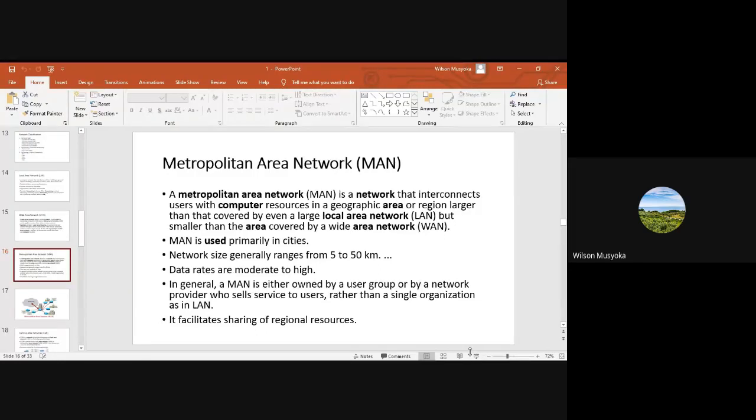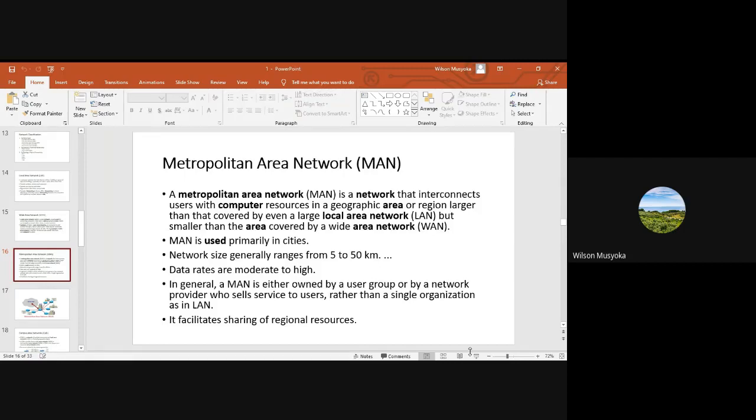So a metropolitan area network is the network we find between the wide area network and the local area network. Normally, it is within a city, or it ranges between 5 kilometers to 50 kilometers. Here you will find several local area networks or private networks put together so that they can share resources. The basic aim here is to share resources.